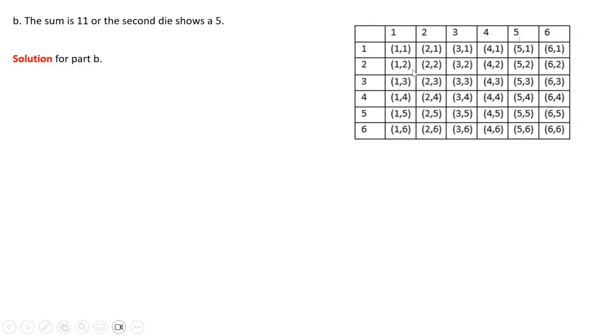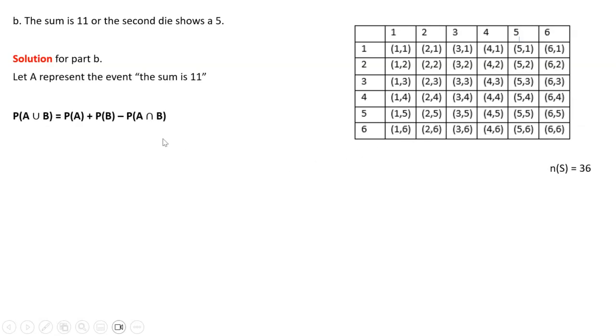Then comes a 4, then the sum is equal to 5, and so forth. So if you go diagonally, it'll be the sum of 5, 6, 7, 8, 9, 10, 11, all the way to 12. For example, the 11 will be right here, these two here, the 5, 6, and the 6, 5. But anyway, again, there's 36 in the sample space.